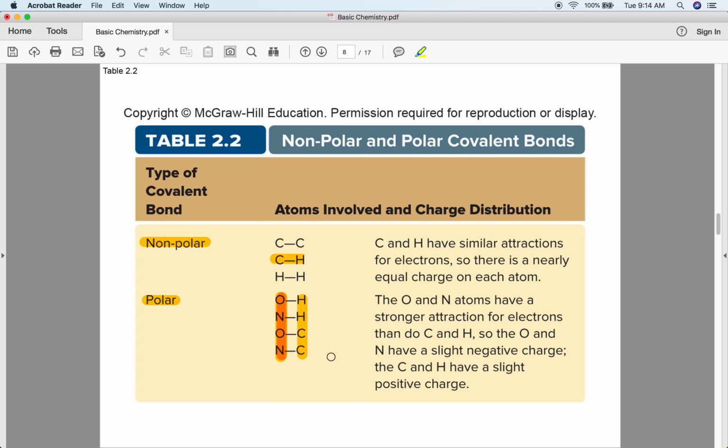Our electrons are negatively charged, so the atoms I've highlighted in orange will have a slight negative charge, whereas if electrons spend less time around these hydrogen and carbon atoms in yellow, those will have a slight positive charge. The behavior of polar and nonpolar bonds will affect how molecules organize themselves, where we find them in the cell, and their final functions. So this idea of polarity and electronegativity is extremely important.